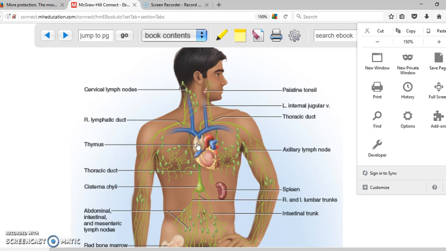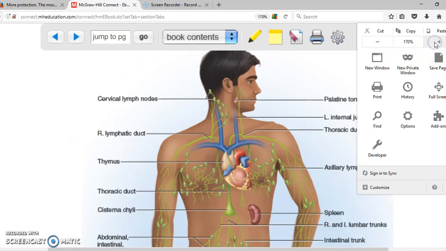Those are the main organs that you're going to have in the lymphatic system. Some tissues, a group of cells basically associated with some epithelial tissue covering them, such as the tonsils, but you're going to see that there are some other ones later on when we continue with this chapter.